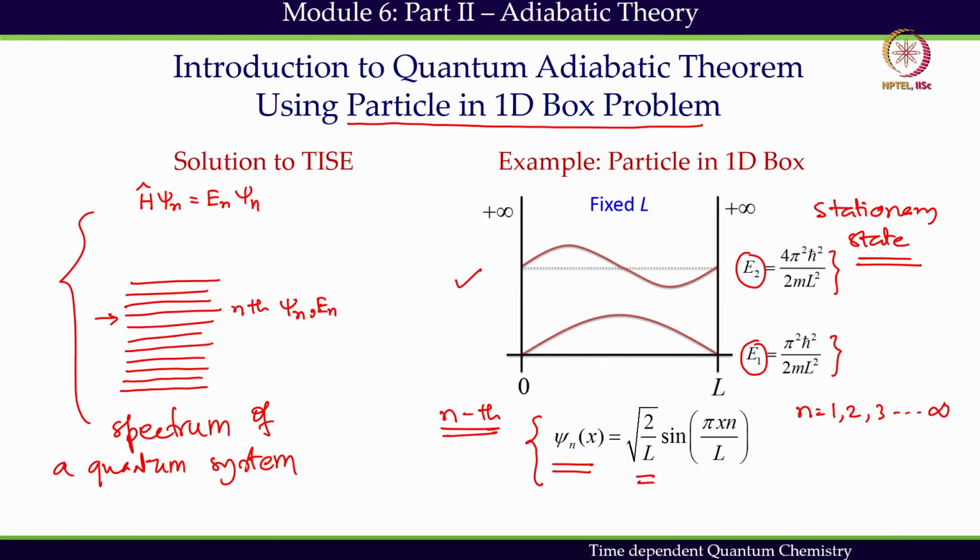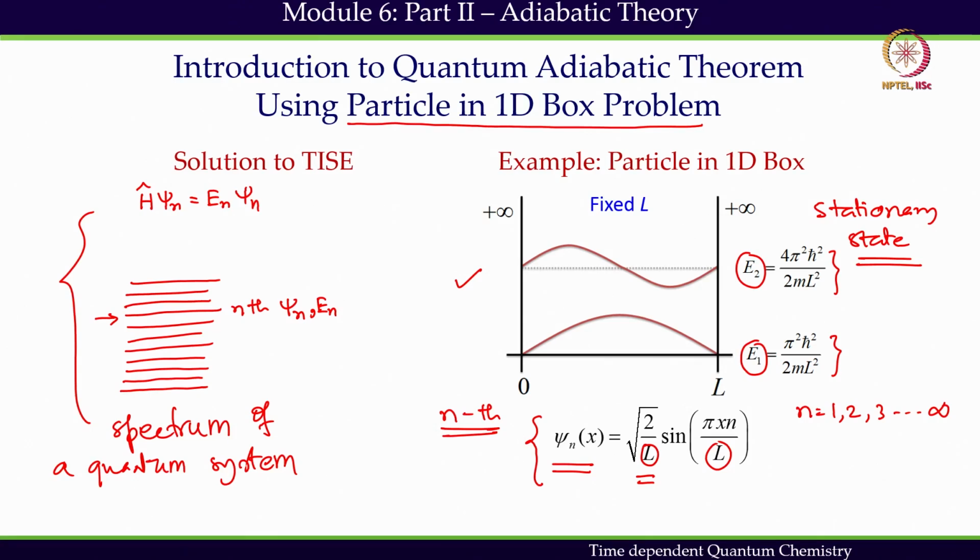When we express the wave function using this form, we assume, though mostly we probably haven't noticed it, that the length, this L term in this equation, remains fixed. In fact, the L term acts as a parameter in this equation.